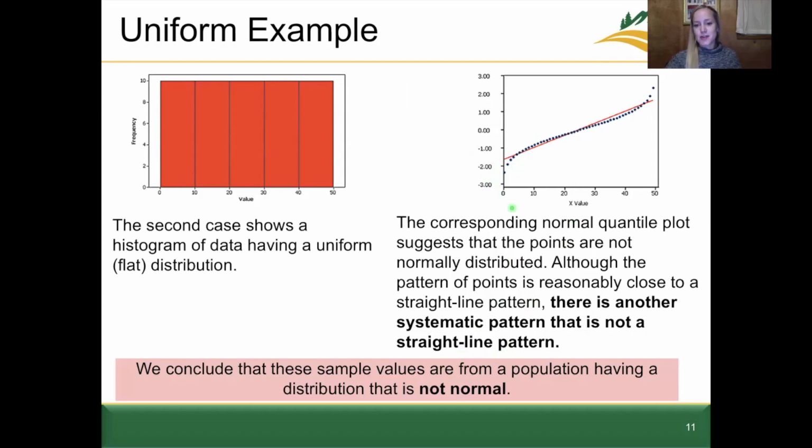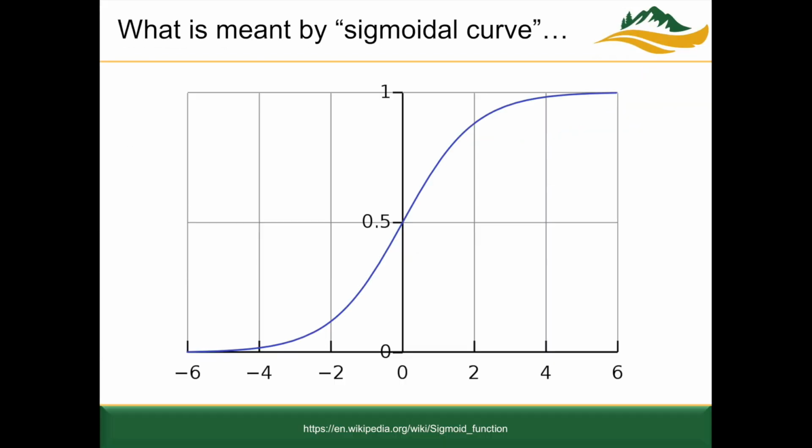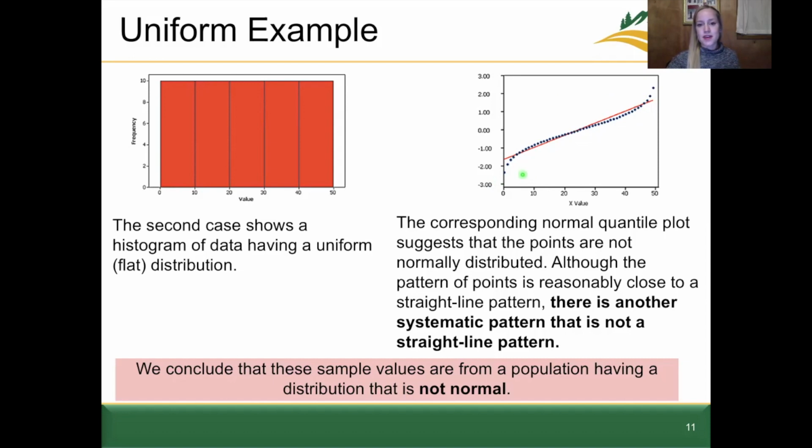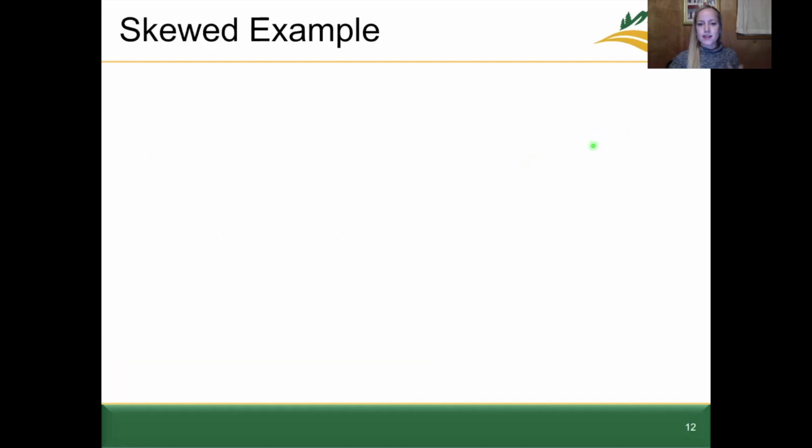Again, even though these do resemble somewhat of a straight line, we have this other pattern here that resembles a curve. So because that other pattern is there, we can't say that this sample data comes from a population that has a normal distribution.